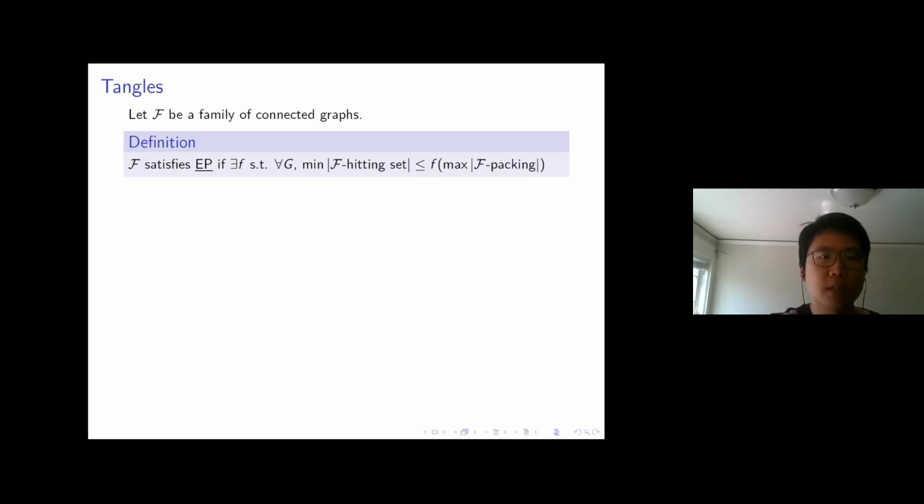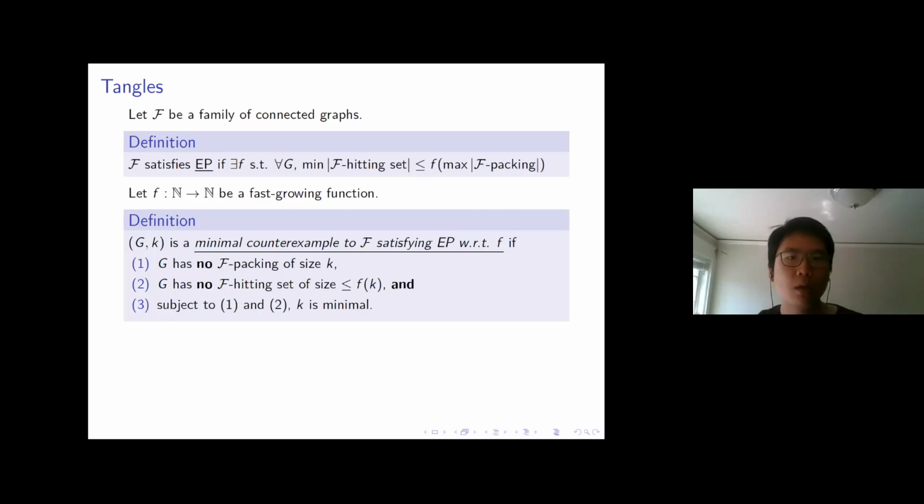So suppose this family does not satisfy the Erdős–Pósa property. That means for all functions f, there exists a graph G such that this inequality is violated. So let's take a minimal counterexample. We have the freedom to choose the function as large as we want. So let's choose some very fast growing function and suppose that the Erdős–Pósa property still doesn't hold with respect to this function.